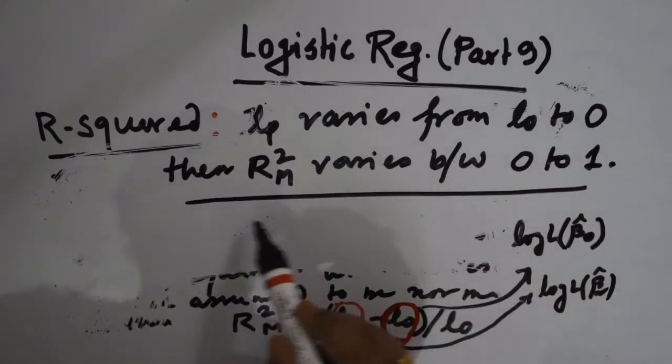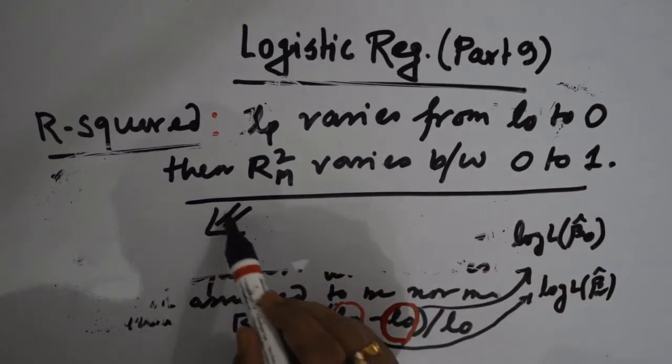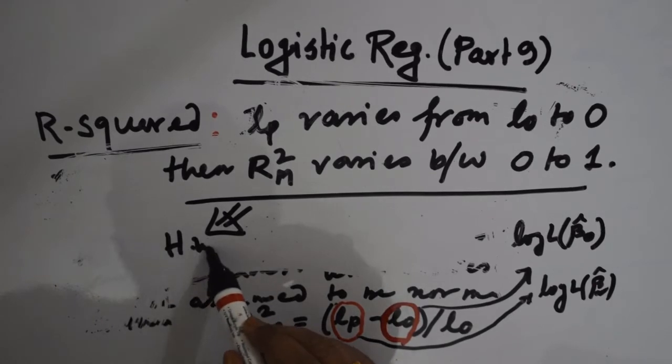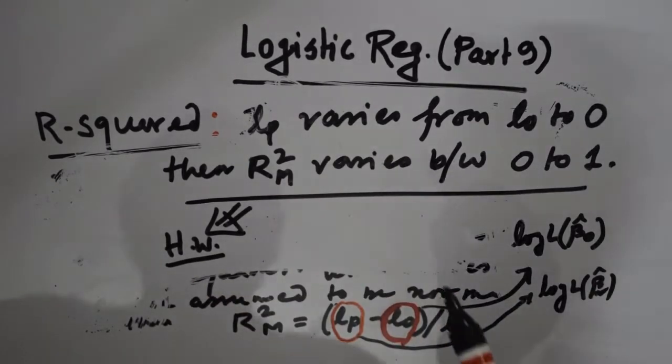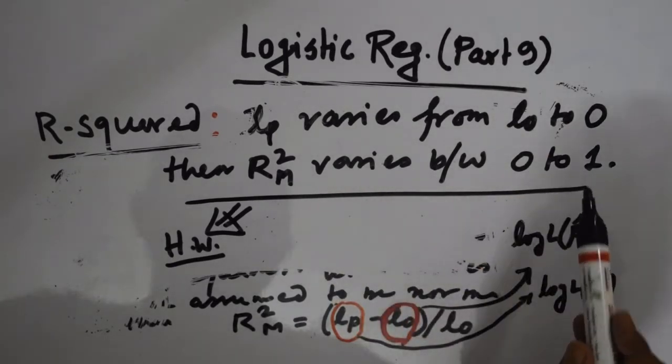So this is your homework. Check that Rm square varies 0 to 1.